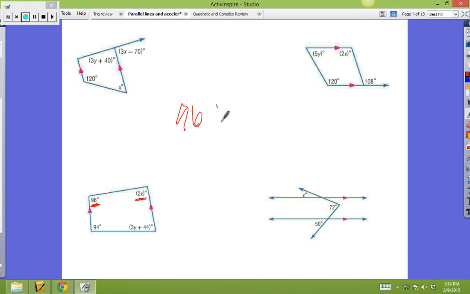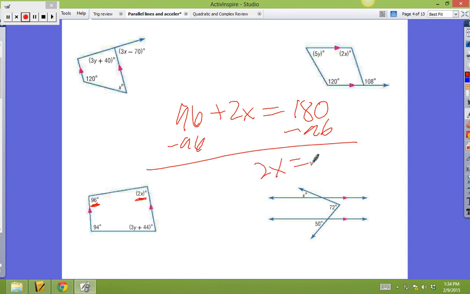So you do 96 plus 2x, and they gotta add and give you 180. They total and give you 180. So minus the 96, minus the 96, 2x has gotta be 84, divide by 2, divide by 2, so x has to be 42.